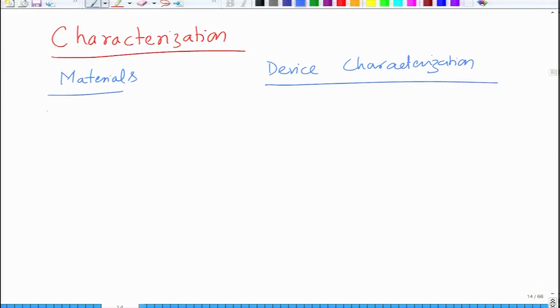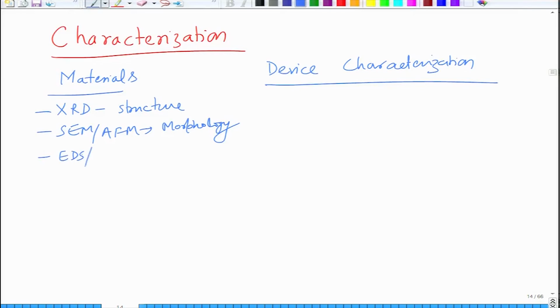Materials characterization is done typically with techniques like X-ray diffraction for structure, and scanning electron microscopy and atomic force microscopy for the morphology. Composition is done by either EDAX, or energy dispersive spectroscopy, or you can do XPS.